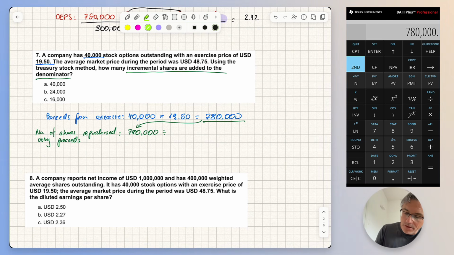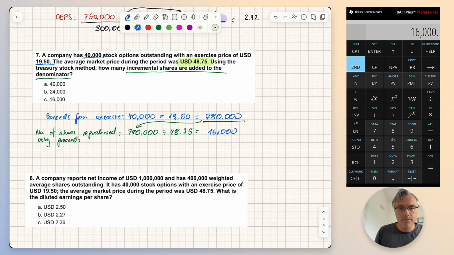So if the stock was trading at 48.75, that's what we use. We divide this by 48.75 and see how many shares we would be able to purchase in the market. Okay, 16,000. And now, what's the actual adjustment to the denominator of the fraction? It's not going to be 16,000. So that's the wrong answer.